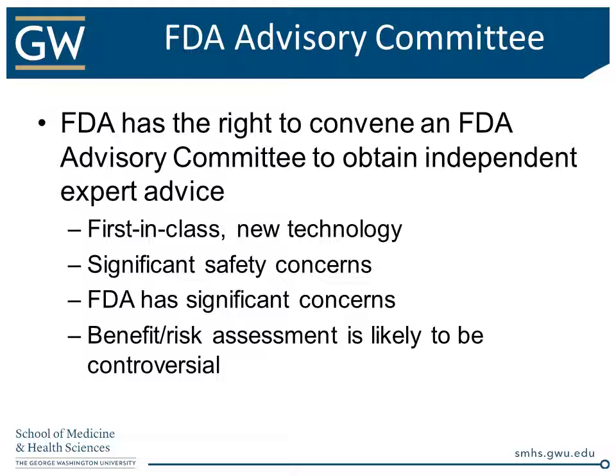If the product is first in class and/or has some significant safety concerns, and/or if FDA has some significant concerns, and/or whether the safety or efficacy and/or the benefit-risk analysis and decision making may be somewhat controversial. An FDA Advisory Committee meeting is a public forum.